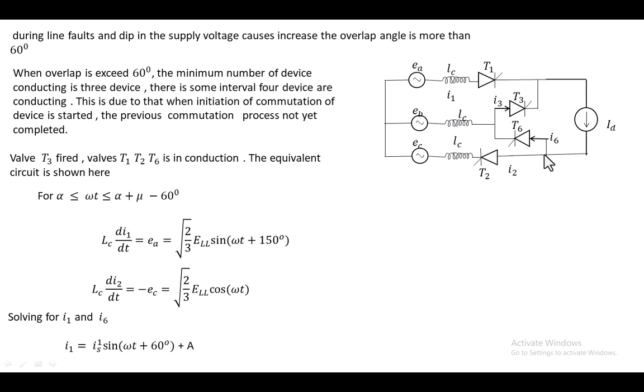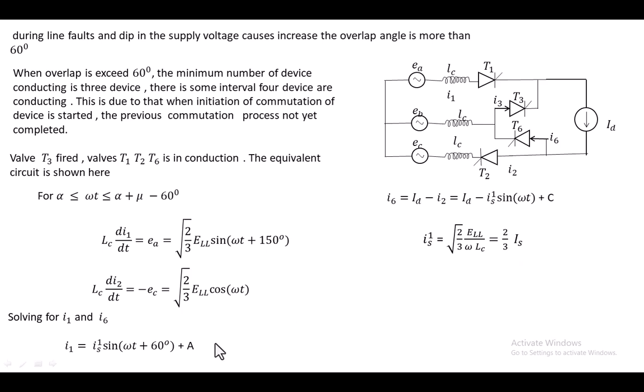If you apply KCL at this node, we get I6 equals ID minus I2. We know the expression for I2 if we solve this equation. Now, I6 equals ID minus IS1 sin of omega t plus C, where IS1 equals root 2 by 3 ELL over omega LC, equal to 2 by 3 IS.